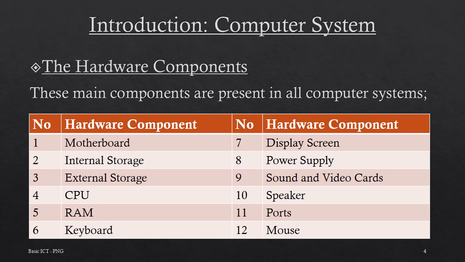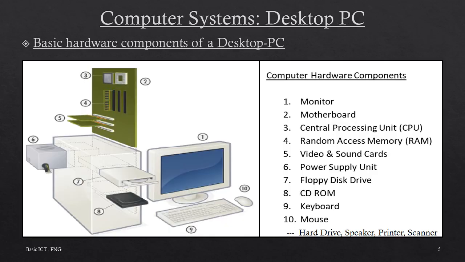Likewise, a power supply. Now, in a PC it might be referred to as a power supply, but in a laptop it's referred to as a battery. So these are some major components present in all computer systems.